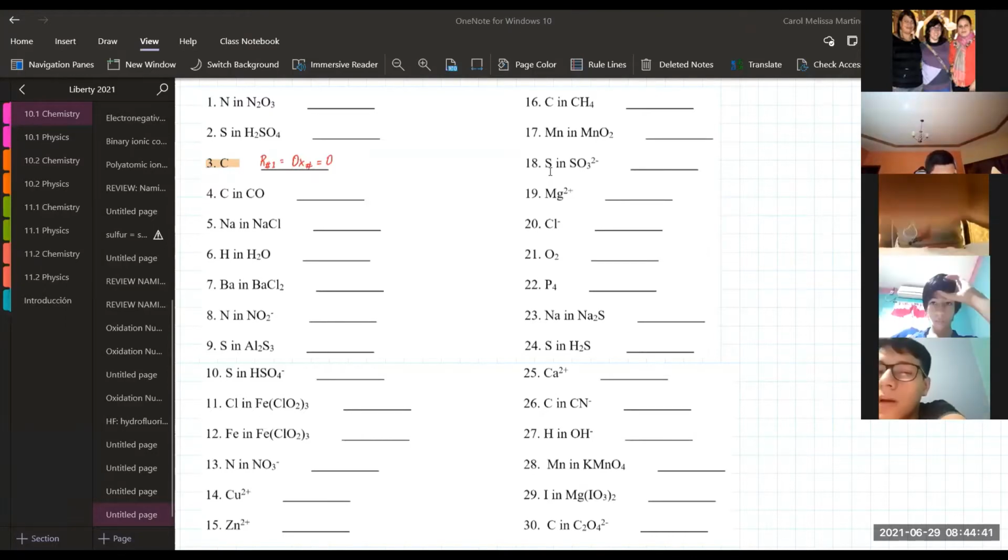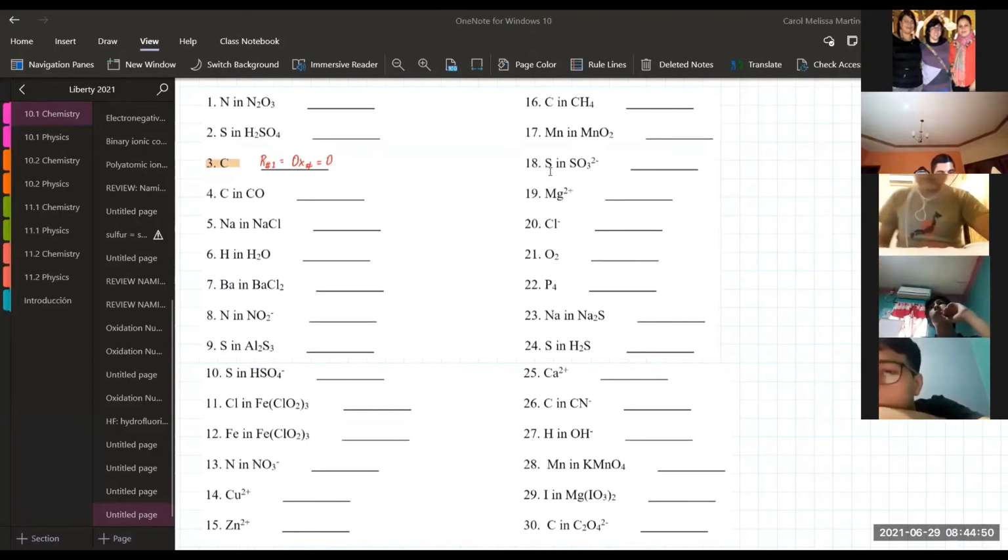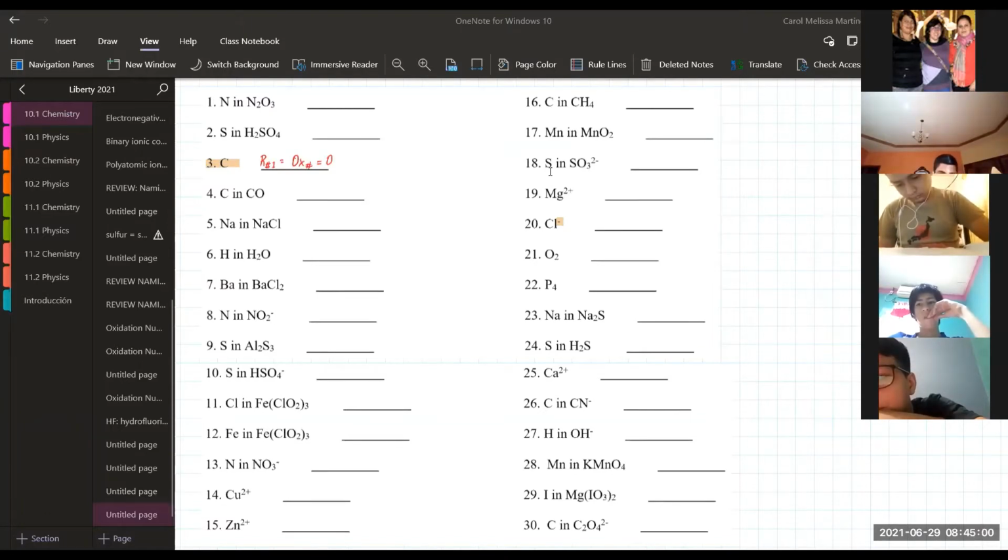Number 20. Take a look. The number 20, yes, is an element that is not combined, but it has a charge, which means that it is an ion. Remember that elements, when they have charges, are ions. The rule says that when you have ions, the oxidation number is going to be equal to the charge.